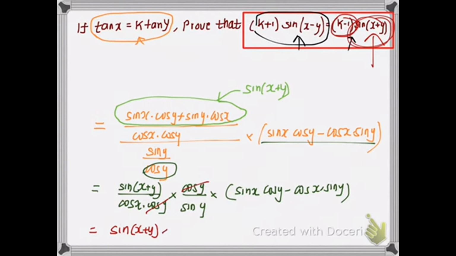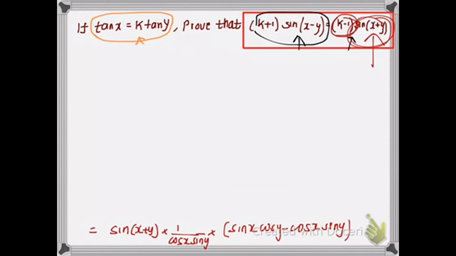Now let us go on solving. Here we have cos x, and then we have sin y, and then comes my remaining term sin x cos y minus cos x sin y. Now let me distribute 1 by cos x sin y inside this parenthesis.